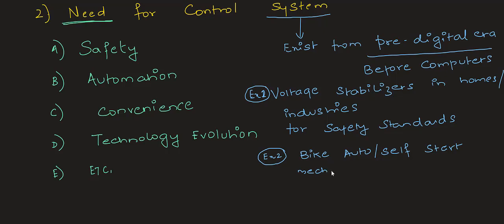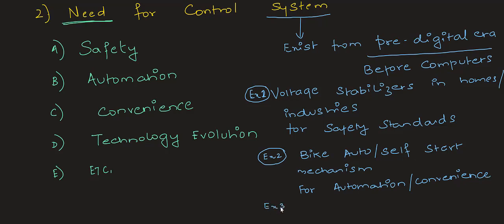If you look at example 2, the bike self-starting mechanism is one prime example of how convenience is achieved. Before self-starting, we used to manually use pedals to start our bikes and motor vehicles.